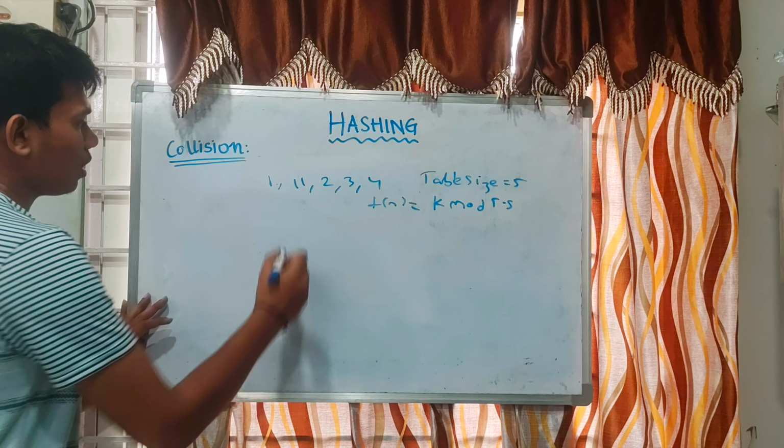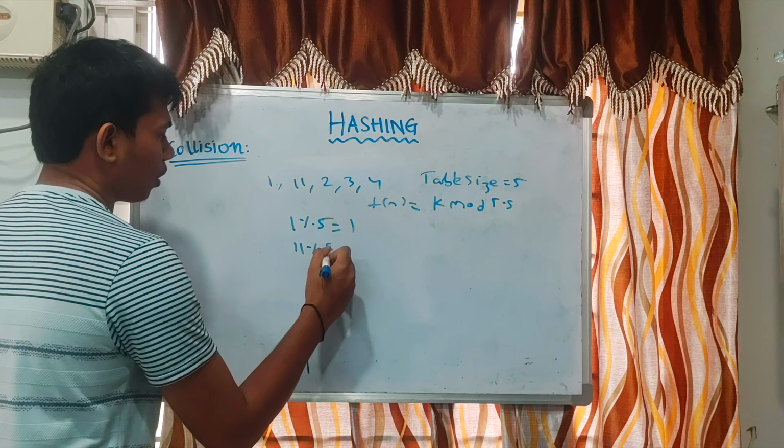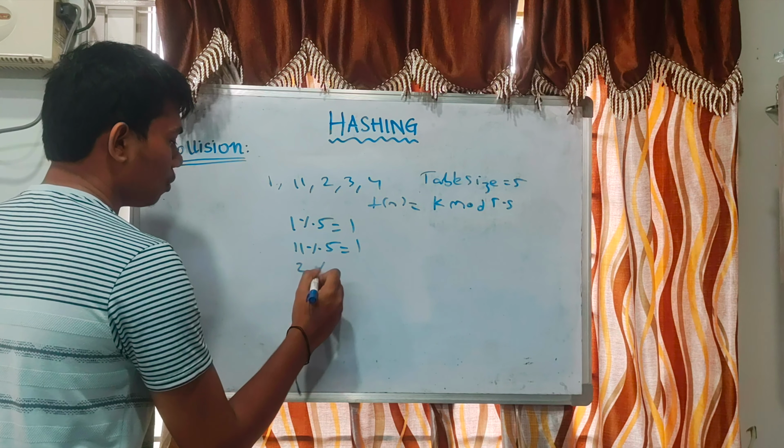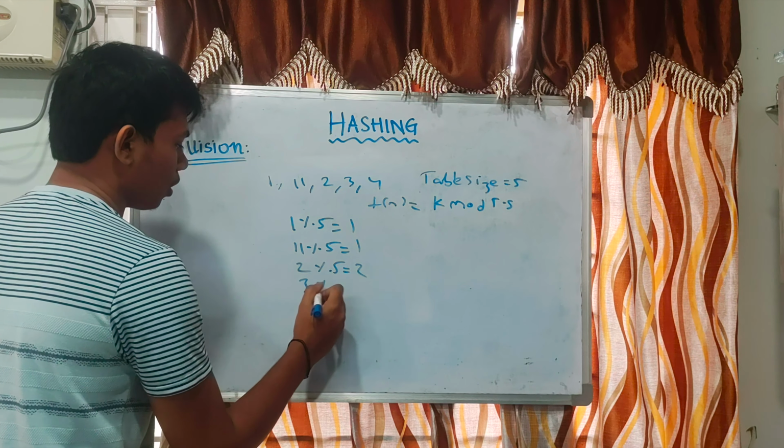Suppose we try to insert the elements 1, 11, 2, 3, 4 into a table of size 5. Let us apply the function f(k) = k mod table size. So 1 mod 5 is 1, and 11 mod 5 is also 1, and 2 mod 5 is 2, 3 mod 5 is 3, and 4 mod 5 is 4.